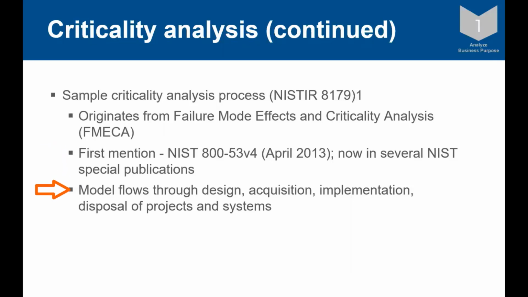The importance of utilizing criticality analysis stems back to when we talked about making sure that when you do an evaluation, you're doing it from the perspective of the system development lifecycle. And as such, the model for NIST IR 8179, the criticality analysis model, flows through design, acquisition, implementation, and also disposal of projects and systems.